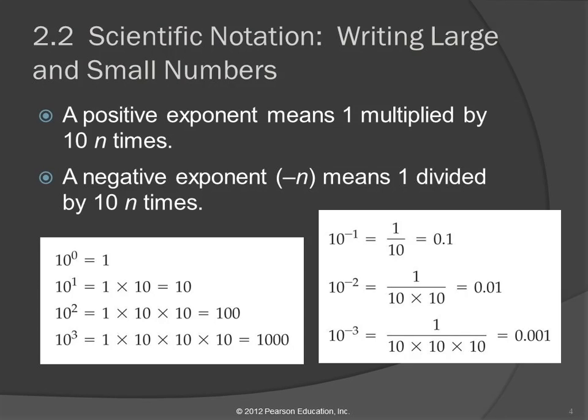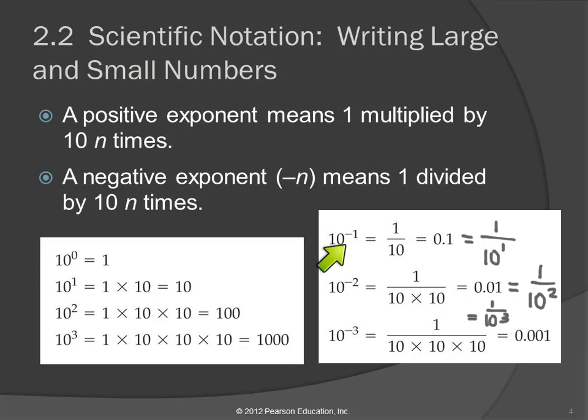So let's write on this. So this is the same as 1 over 10 squared. This is the same as 1 over 10 raised to the 1 power. And there's not enough room on this one. This is 1 over 10 cubed. The negative exponent means 1 over. It's the reciprocal.